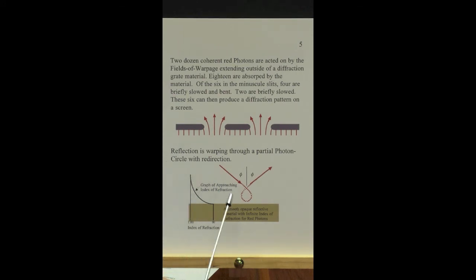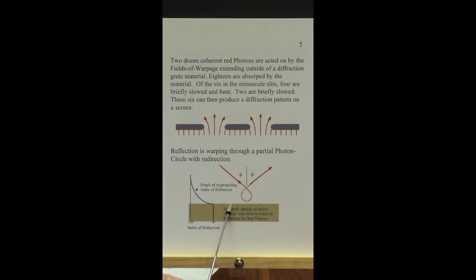Reflection turns out to be something that you might have to think about a little bit. But what happens in reflection, if I have a smooth, opaque, reflective material here, like a piece of polished silver?